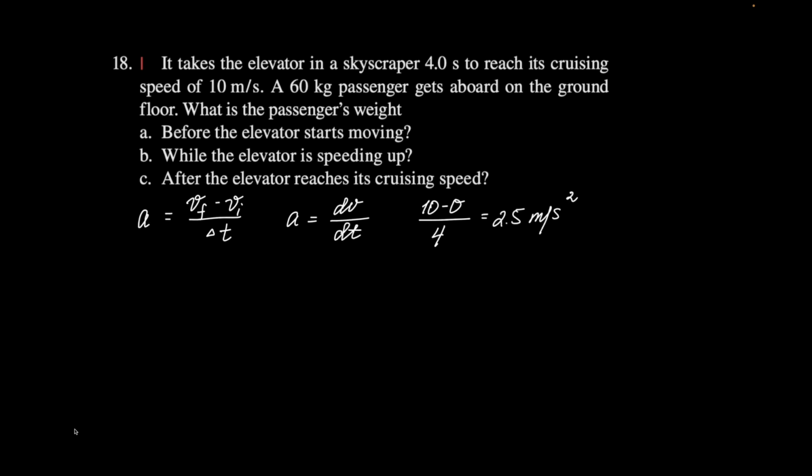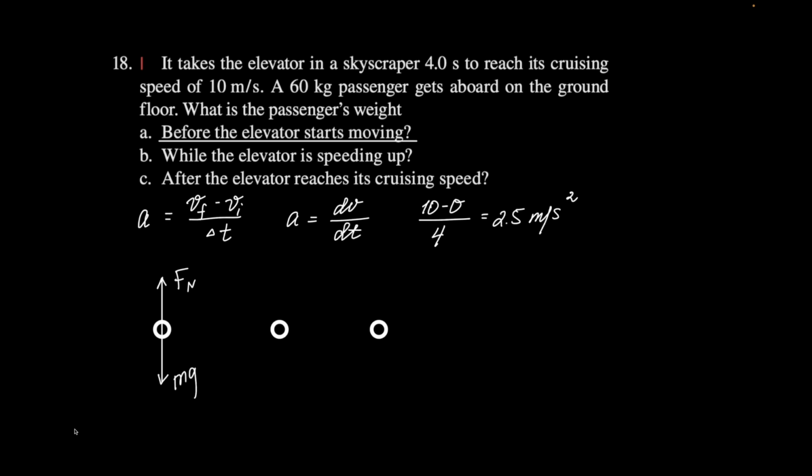What we're asked to find is the weight of a person. I'm going to represent the person as just a dot before the elevator starts moving, meaning the elevator is at rest, and so is the person. The person at rest has two forces, force of gravity and an identical normal force, which is equal to force of gravity only in the opposite direction.